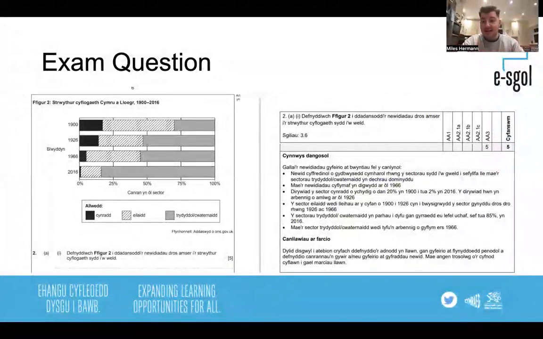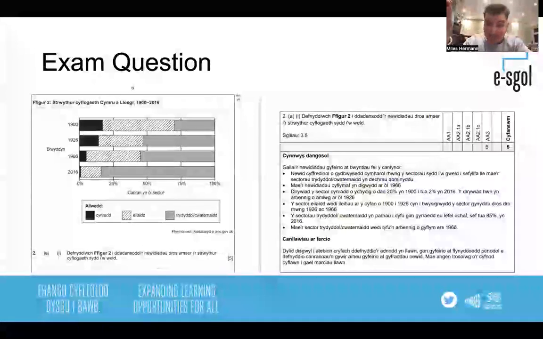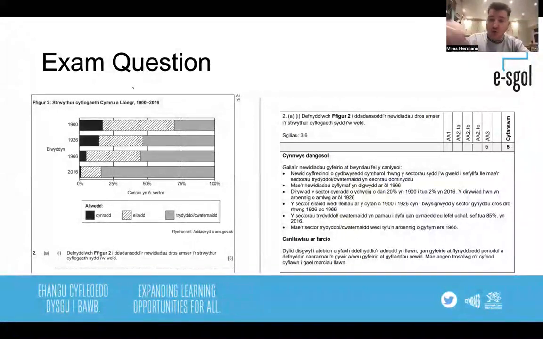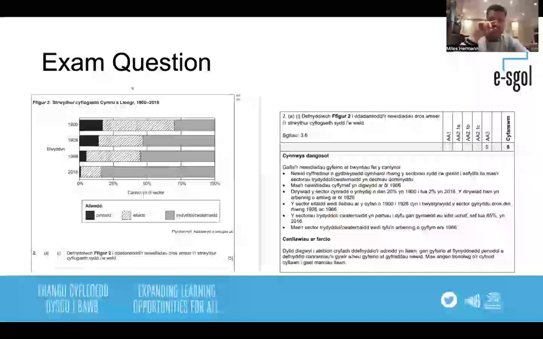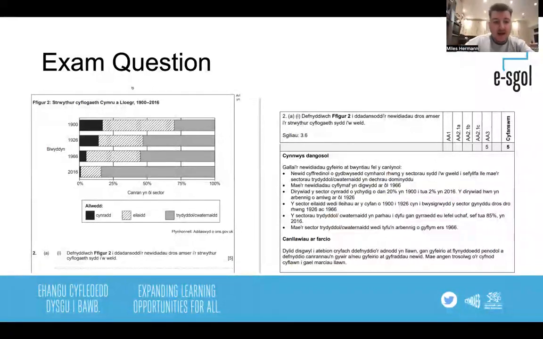And then, as we can see here, assessment objective 3 is purely based on analysing data, maps, maybe to show workings out, possibly, for numerical work. But here we would purely have to analyse the changes.